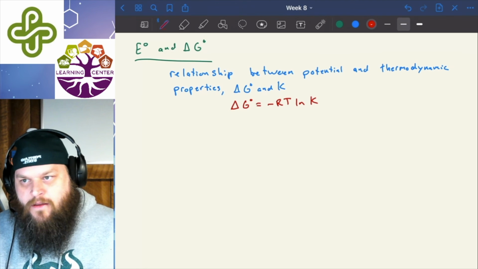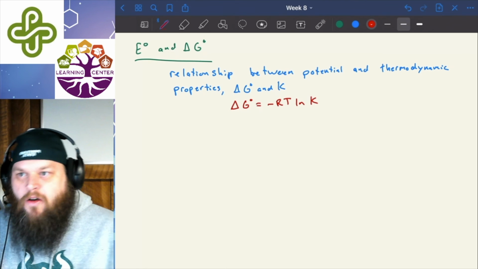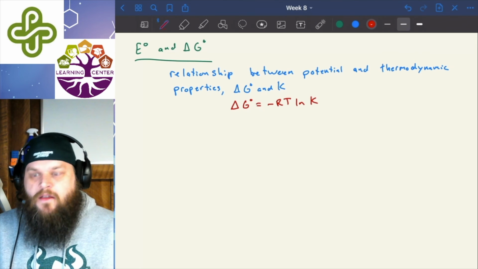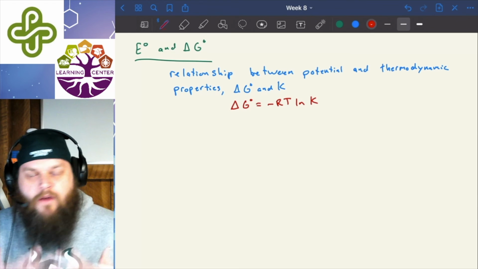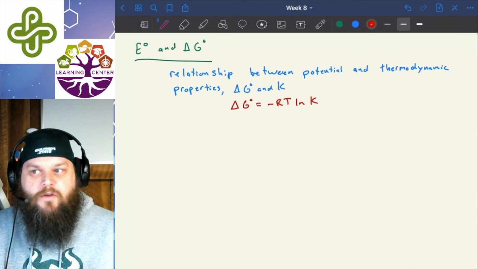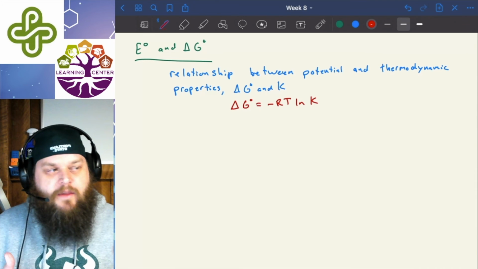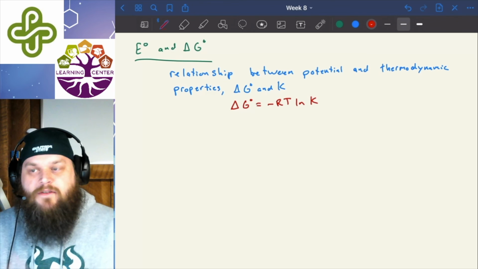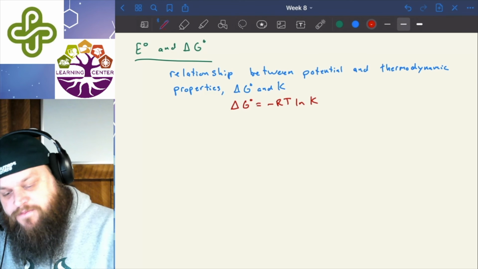And delta G can also be related to, because it's the standard free energy change, this value of the potential of the cell, which is proportional to delta G. As we saw, the potential of the cell is positive when the delta G is going to be negative. And there are some proportionality constants in there.